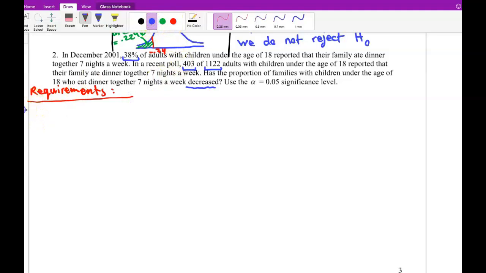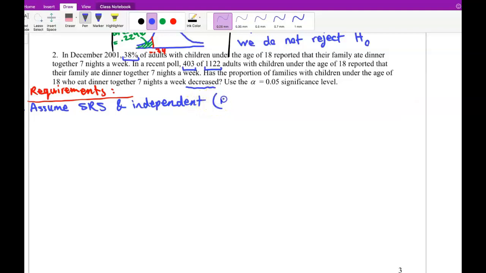Again, assuming that this is random, we assume we have a simple random sample, and sample values are independent.